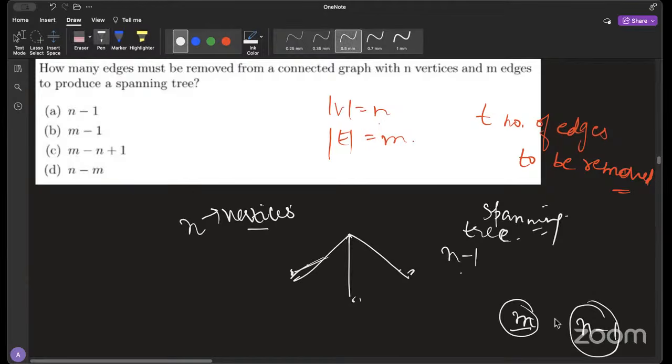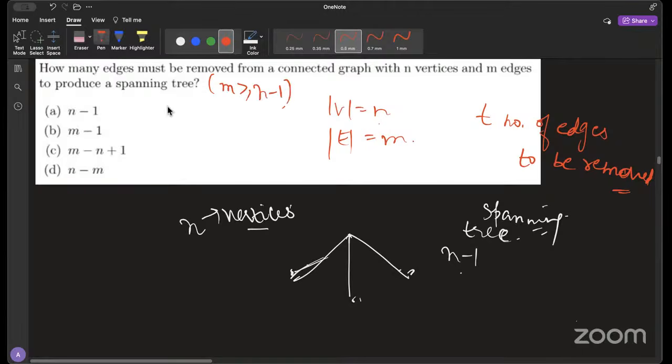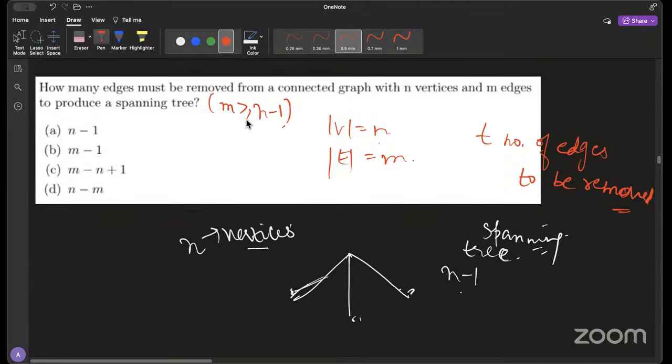It's like, mhm, that's obvious. Yes, ma'am. Although it should have been mentioned there that m should be greater than or equal to n minus 1. But yes, then it makes the question pretty obvious. It makes the options very simple.